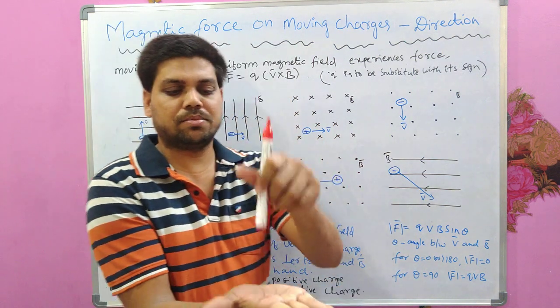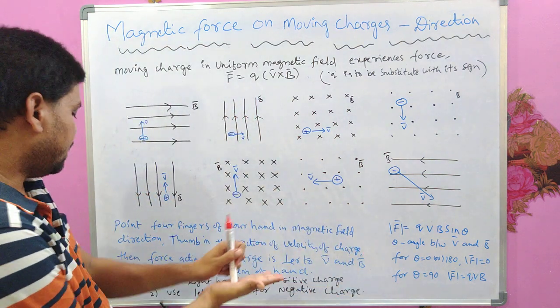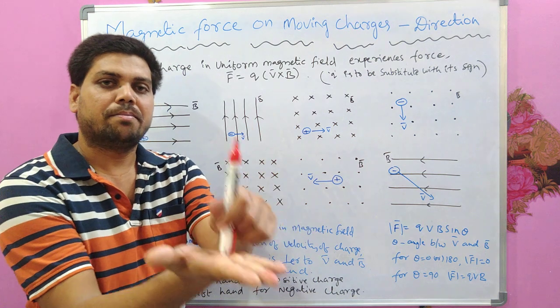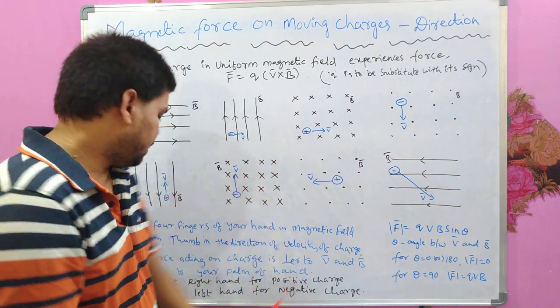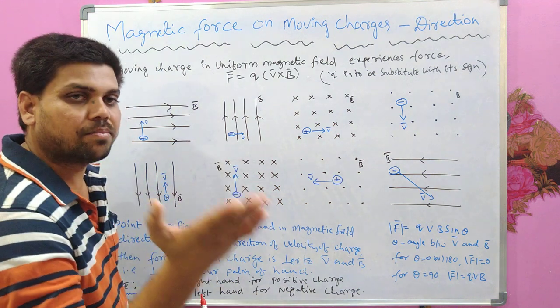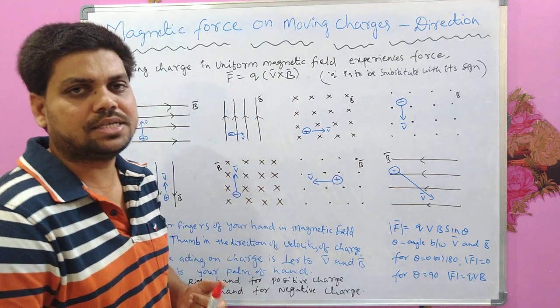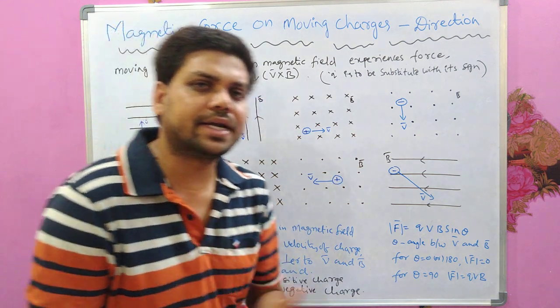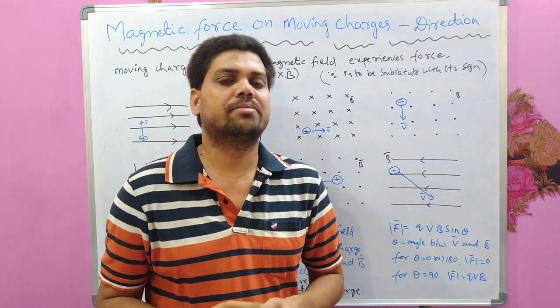It is perpendicular to both V and B, in the direction perpendicular to the palm of your hand. And this is very, very important: use the right hand for positive charge and the left hand for negative charge for predicting the magnetic force acting on the moving charged particle in a uniform magnetic field.